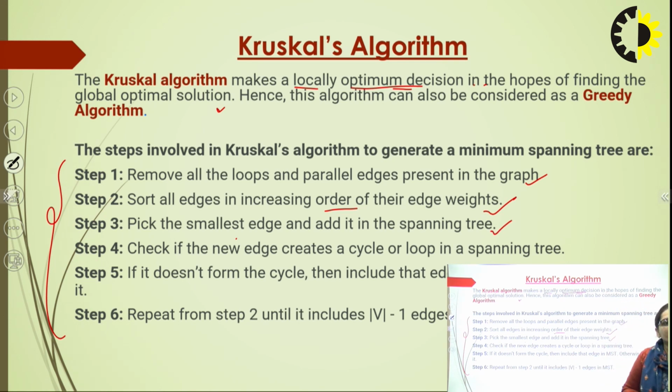In step 4 you check whether the new edge creates a cycle or loop in your spanning tree. If it doesn't form a cycle, you include that edge in the MST, otherwise you discard it. And at last you repeat these steps from 2 up to 6 until it includes V minus 1 edges in your MST.